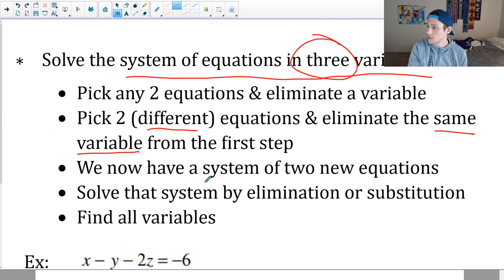Now we have a new system that is just 2 equations, and we'll solve that like normal. You guys have solved a system of 2 equations with 2 variables, going back to the Algebra 1A stuff, then 1B, and probably Algebra 2. Maybe, I don't know, but it's something you've done.